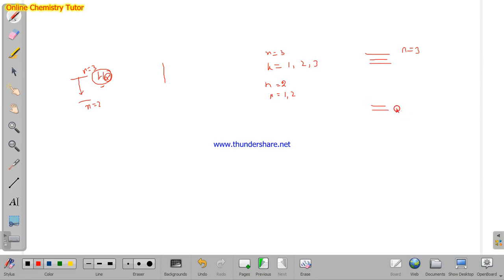So here k equal to 1, k equal to 2, and here k equal to 1, k equal to 2, k equal to 3.